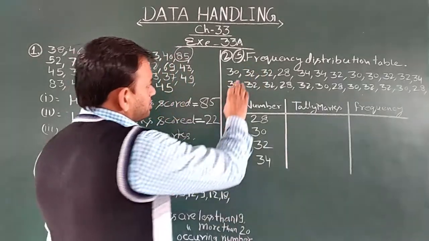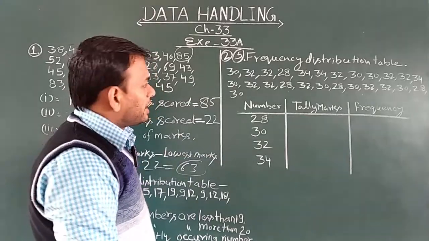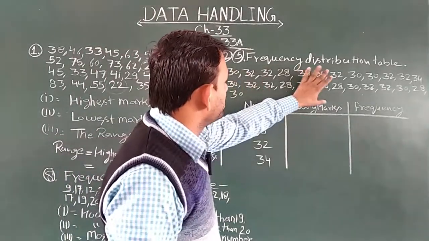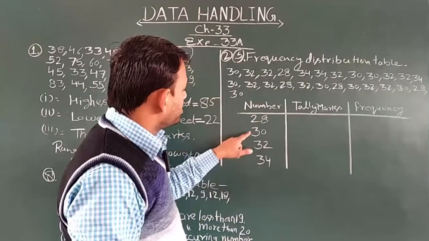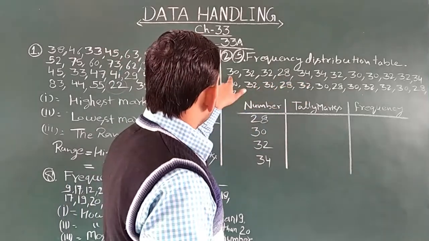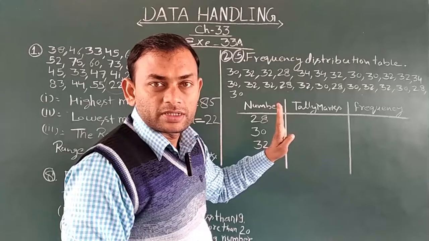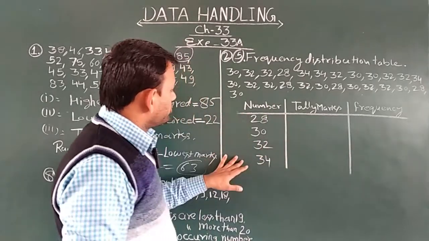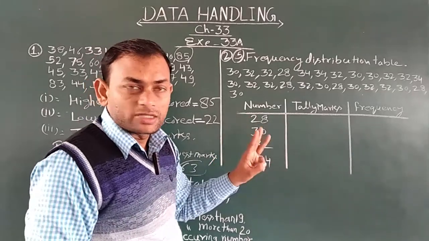In this question some data is given in the form of numbers, and if you observe the whole data, you will find only 4 types of numbers: 28, 30, 32 and 34. Now, what about the frequency table? In the frequency table we have to draw only 3 columns.